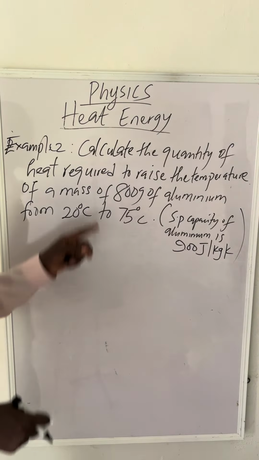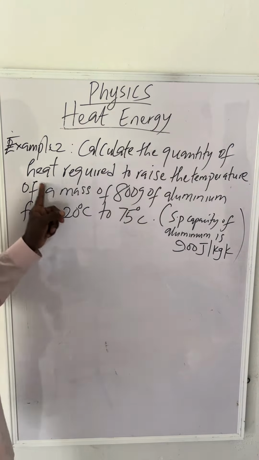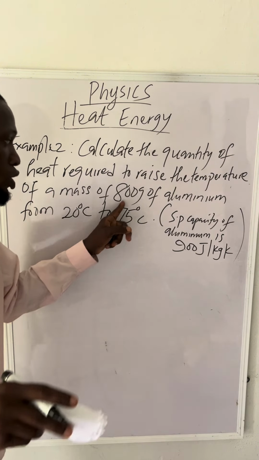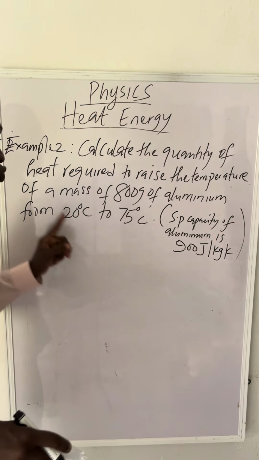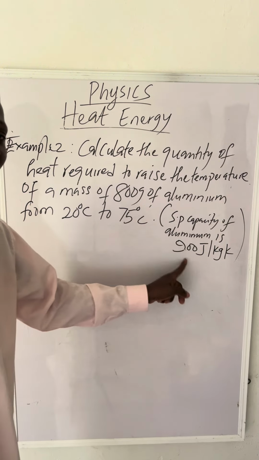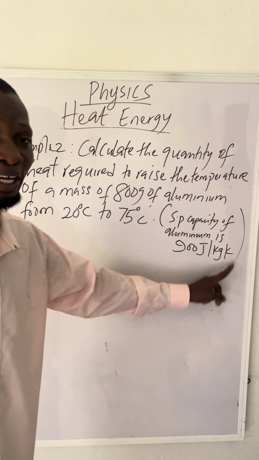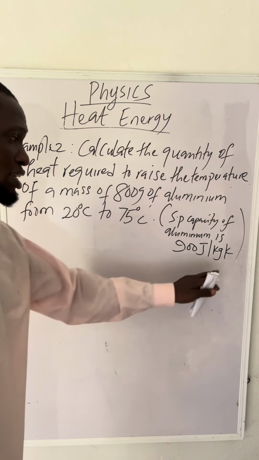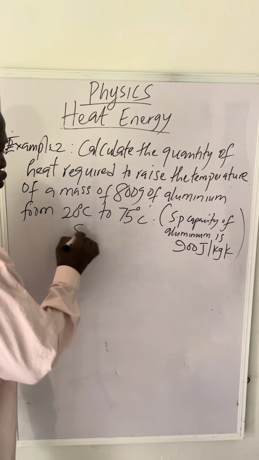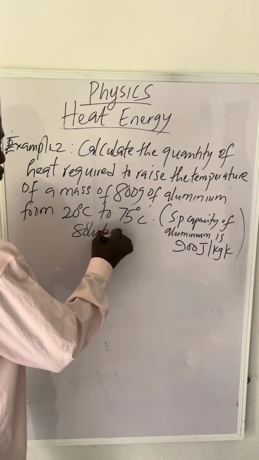So this is the question: calculate the quantity of heat required to raise the temperature of a mass of 800 grams of aluminum from 20 degrees Celsius to 75 degrees Celsius. The specific heat capacity of aluminum is 900 joules per kg per Kelvin. Remember we said this can be in Kelvin or degrees Celsius. Anyway, now this is going to be the solution to this problem.